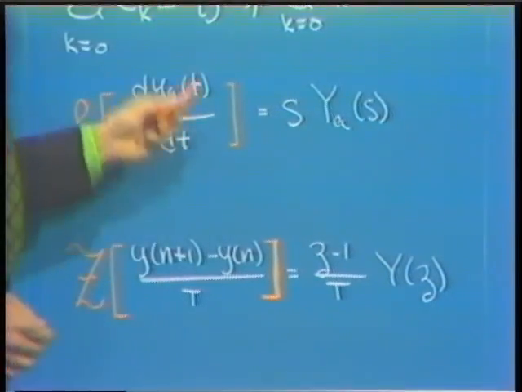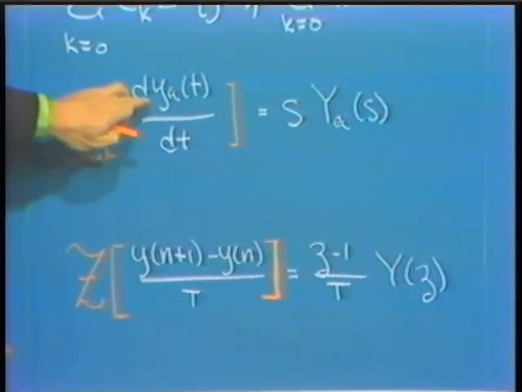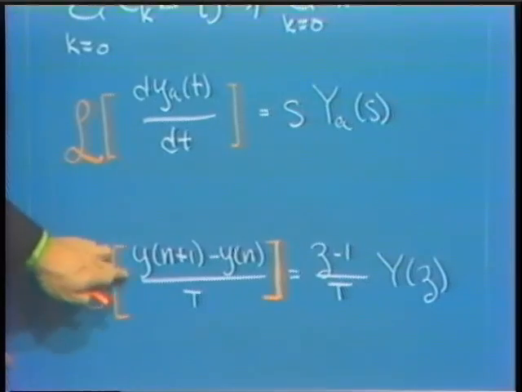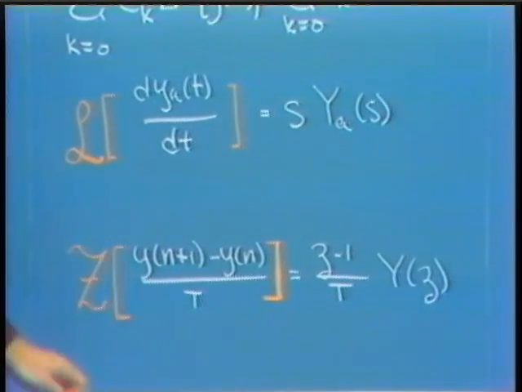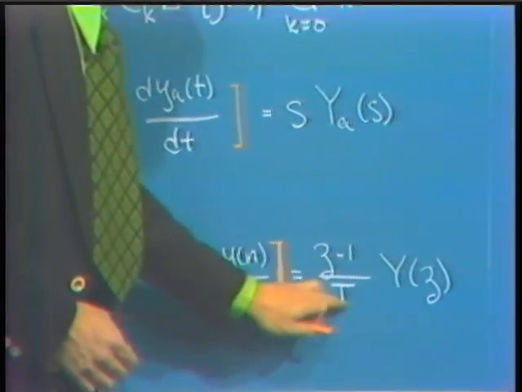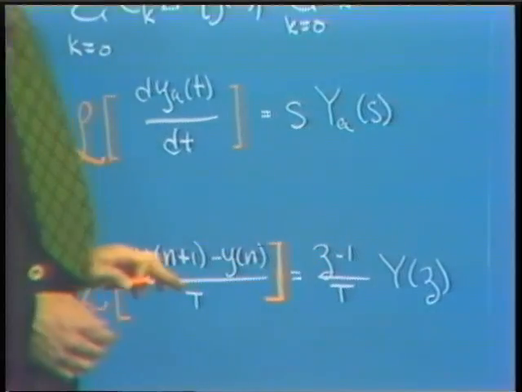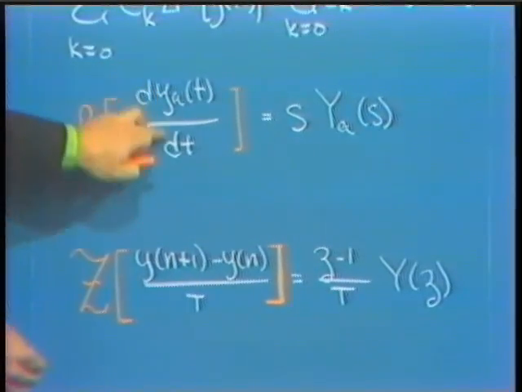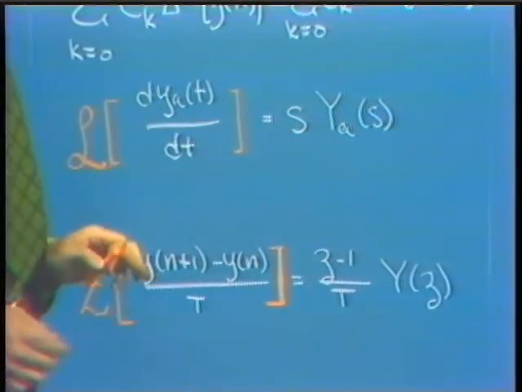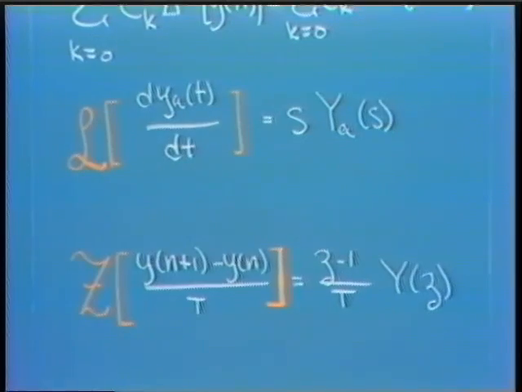And it's straightforward to show that, in fact, the kth forward difference corresponds to multiplying by z minus 1 over capital T to the k. And we know that the kth derivative corresponds to multiplication by s to the k.